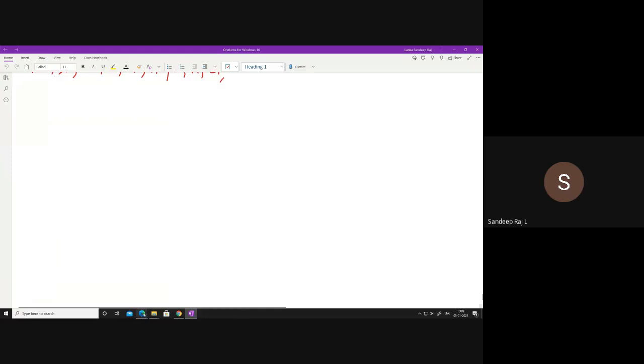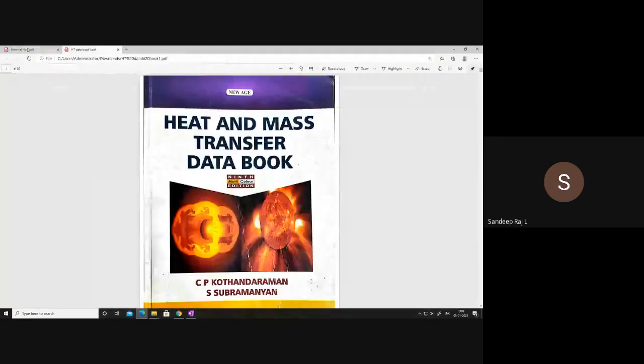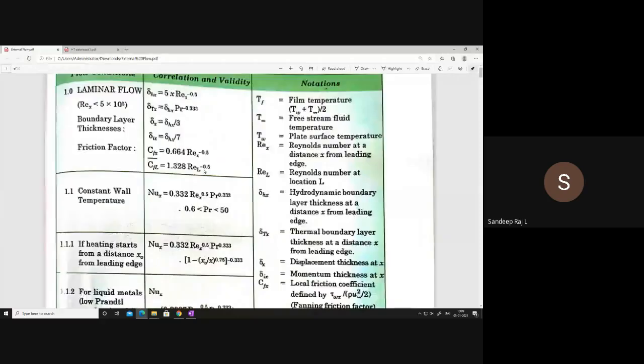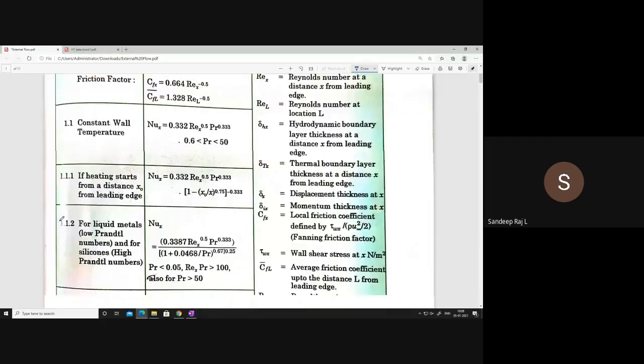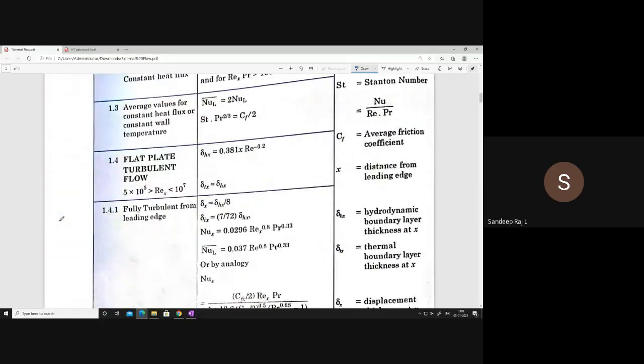We have been solving problems from the external flow case. We have seen some problems in the laminar flow, various cases in laminar flow in the previous class. In the last class, we have seen some problems based on turbulent flow.